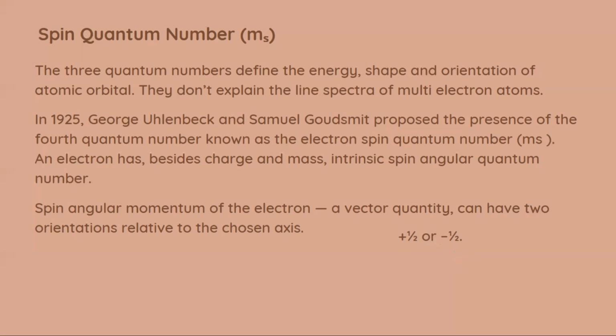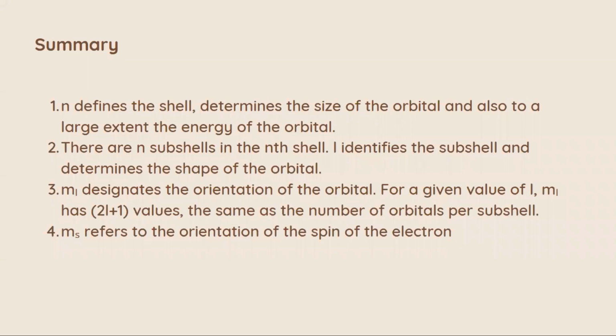In this video, we learned that N, the principal quantum number, defines the shell, and determines the size of the orbital and also the energy. There are n subshells in the nth shell. L, the azimuthal quantum number, identifies the subshell and determines the shape of the orbital. I will talk about the shape of the orbital in the next video.